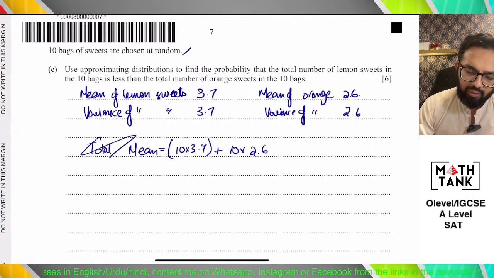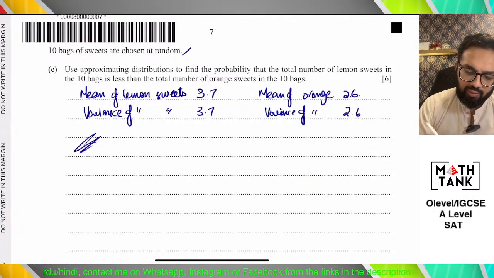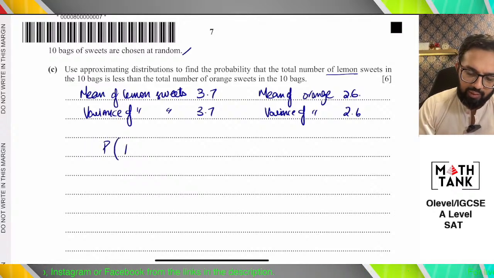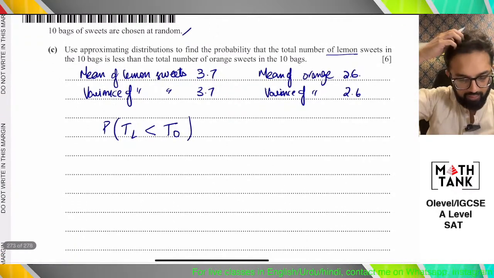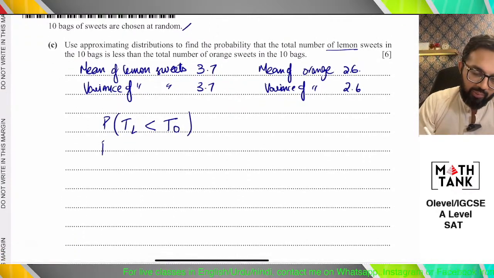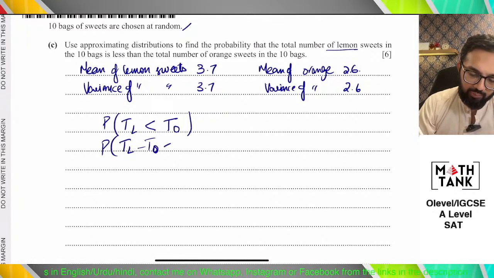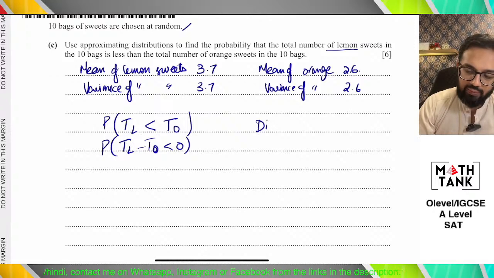I want the total number in the lemon bags to be less than the total number in the orange bags. Okay, that's fine. So I want a new variable called TL minus TO, that is the difference TL minus TO.